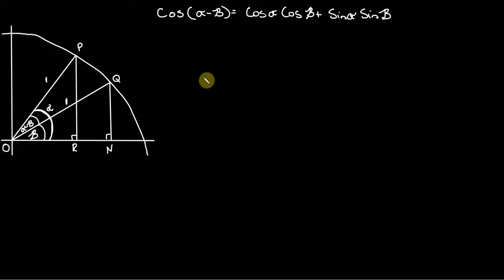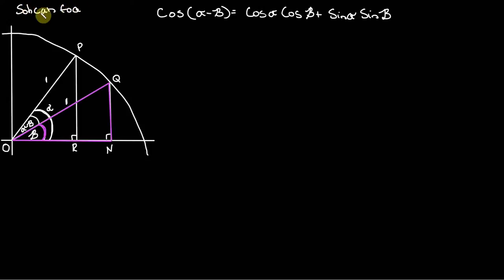Right, so the first thing we want to think about is both of these triangles that we see in front of us. So let's start with triangle QON, which I will highlight in magenta as follows. And so let's think, what is the sine of beta? Well, the hypotenuse is 1, and maybe perhaps I don't even need to write this, but I will anyway.